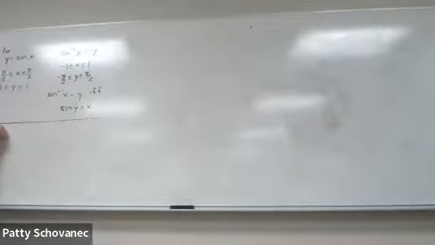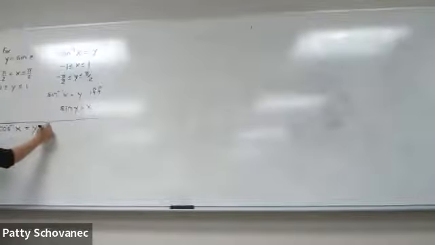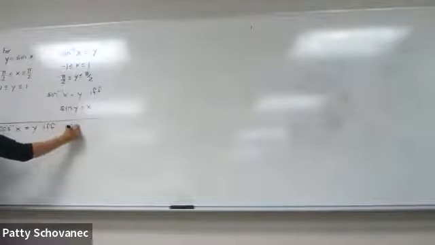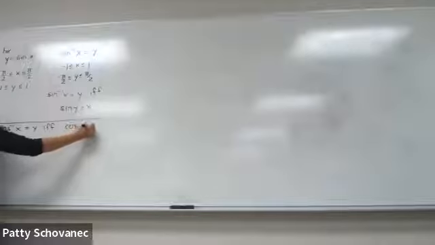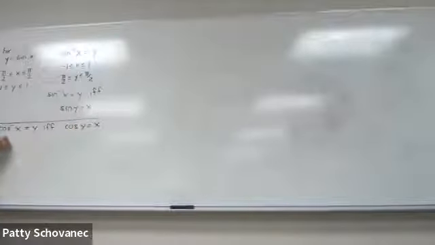And we said that the inverse cosine of a number between 1 and -1 is an angle if and only if the cosine of that angle is that number, where again, x is between 1 and -1, and y is between 0 and pi.